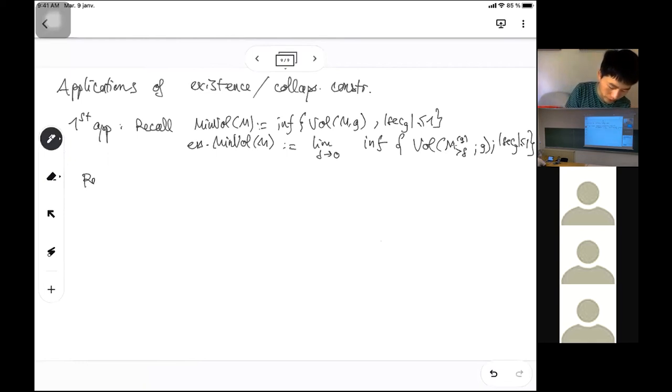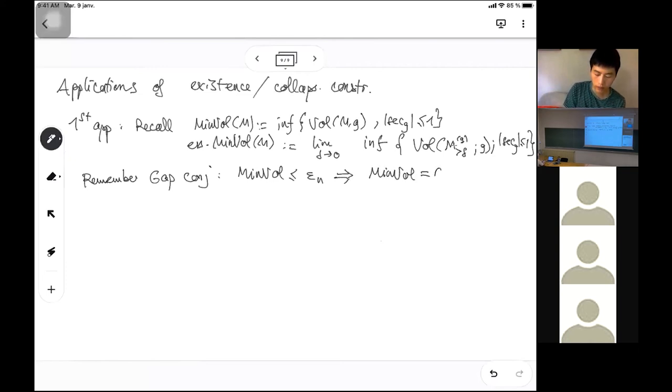Also remember the gap conjecture of Gromov for the minimal volume. That conjecture says that if the minimal volume is smaller than a small dimensional constant, then the minimal volume should be 0. And this is hard. However, for the essential minimal volume, it's a direct consequence of Cheeger-Gromov.